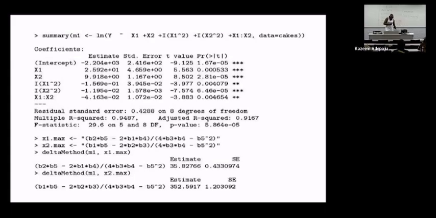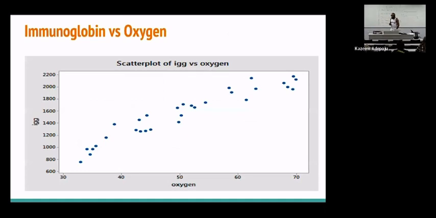Okay, another thing that I want to talk about today, another example. I want to look at the effect of oxygen on IgG. There's something that we call hemoglobin, right? And when we're looking at the relationship, when you generate a scatter plot, does that look like a straight line?